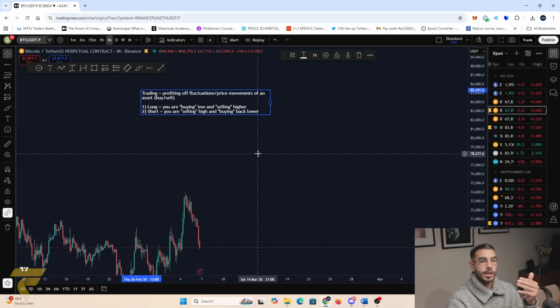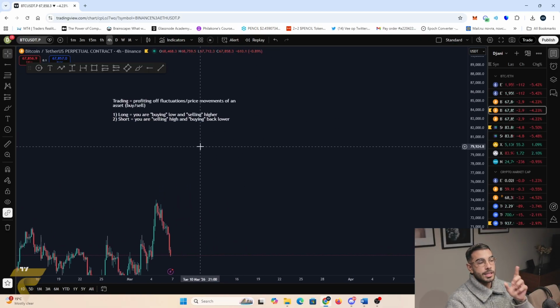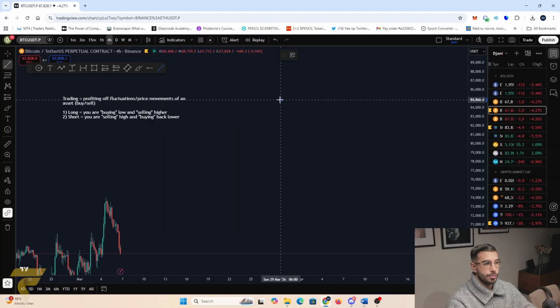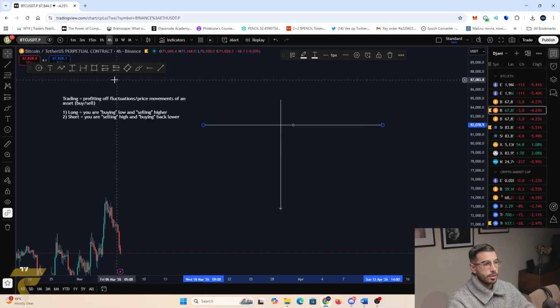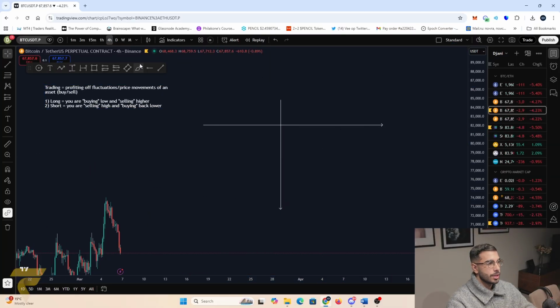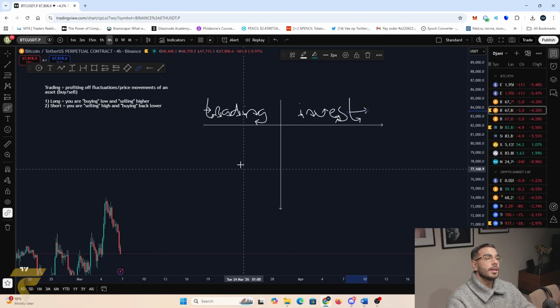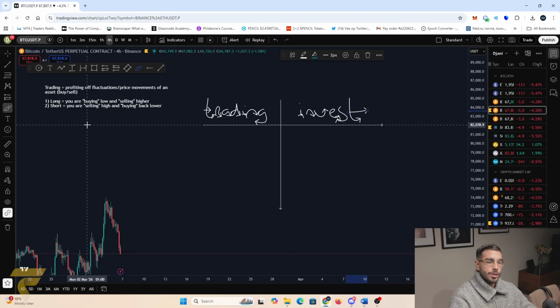And if I can elaborate a little bit more on this, this is immediately one of the most important differences between trading and investing. So if I can just make a very simple table, something like this, and I would say this is, let's say, trading, okay, and this is investing. Let's just call it invest. This is one of the main differences.